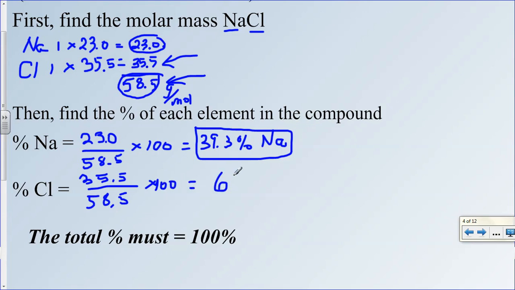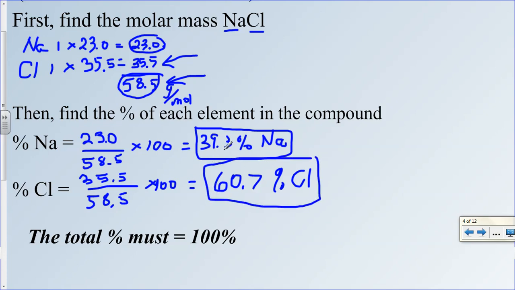And that comes out to be 60.7% chlorine. So there's actually more chlorine by mass in just one formula unit of sodium chloride.